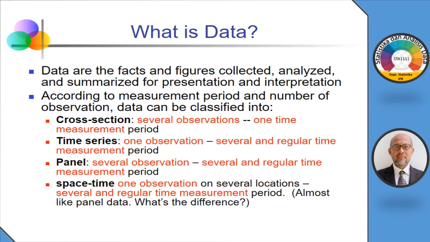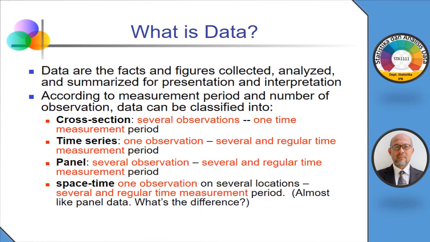Cross-section is defined as several observations, but you measure just one time period. While time series data is one observation, but you measure in several and regular time periods.